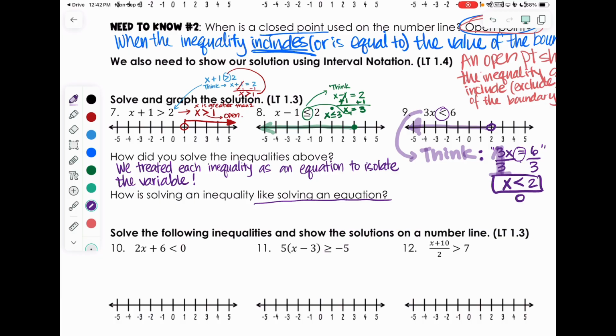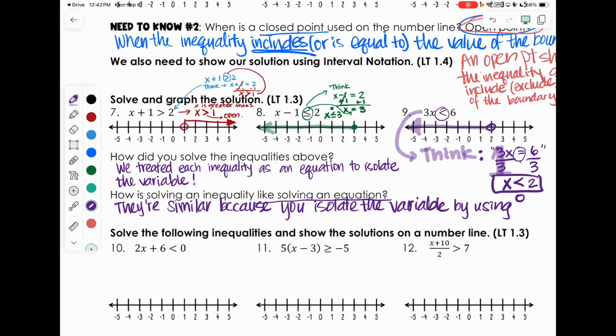Inverse operation. You got it. They're similar because you isolate the variable by using, what was that keyword we were just saying? Yeah, inverse operation.